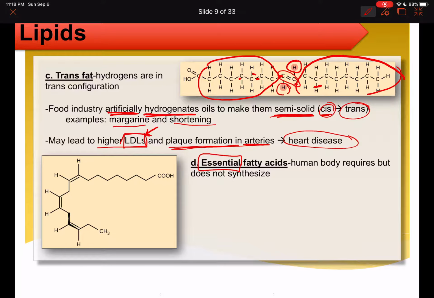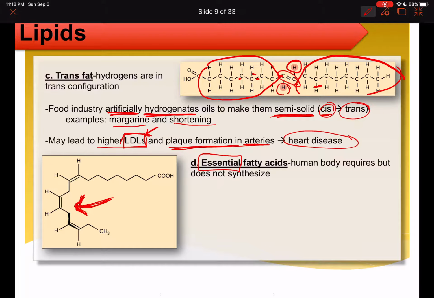Enhancing chemical reactions in the body, etc., or not as hormones. Not talking about that. For example, omega-3. This example right here is essential fatty acid. Okay, it's not a storage of energy, but it helps with a lot of different reactions in the body that we're not going to go into.